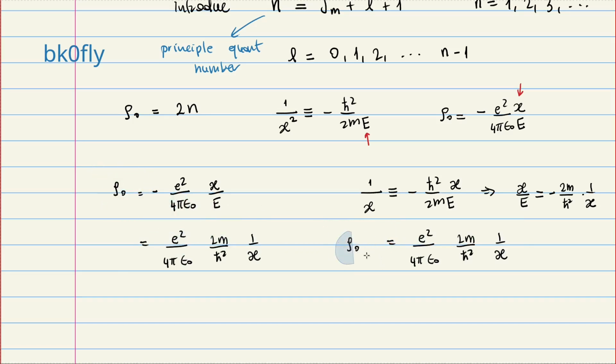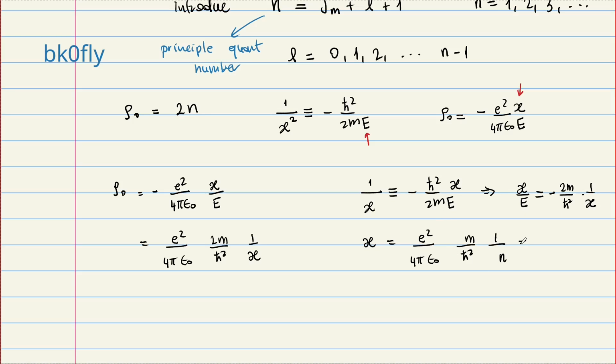So I want to take rho 0 to here and kappa to here. So kappa is there, rho 0 is here. This is 1 over rho 0, but rho 0 is 1 over 2n, so this is 2n. And I want to combine, so let's cancel this 2 with this 2.